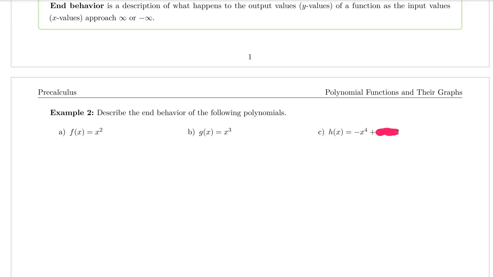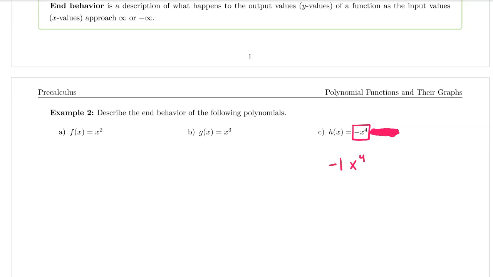So it turns out that we can ignore these lower degree terms, and our focus is really on negative x to the fourth power. Now, because we're only focusing on the leading term, we want to focus on two things. We want to focus on the degree, which in this case is 4, and we also want to think about the leading coefficient, which is negative 1. So if I just had x to the fourth power, regardless of whether I plug in a positive number or a negative number, that's going to end up being positive.